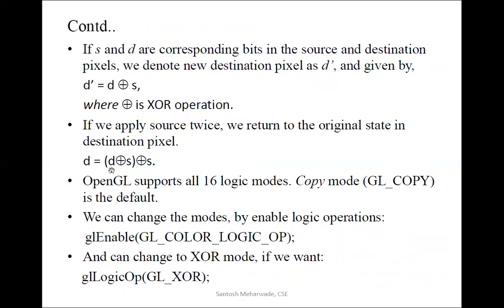Here, this is the D and this is the S. Whenever we perform the XOR operation, we will get the D dash. For that D dash, again, if you perform the XOR operation, we are going to get back the previous destination pixels. I want you to analyze this part by taking the bits.